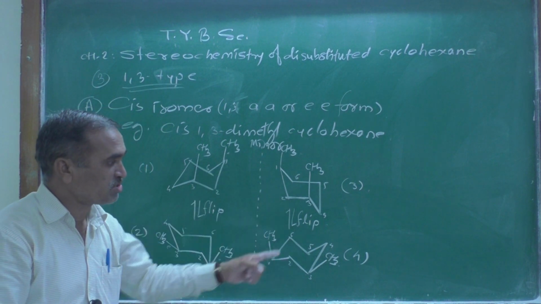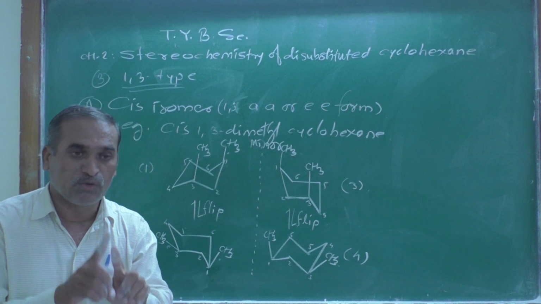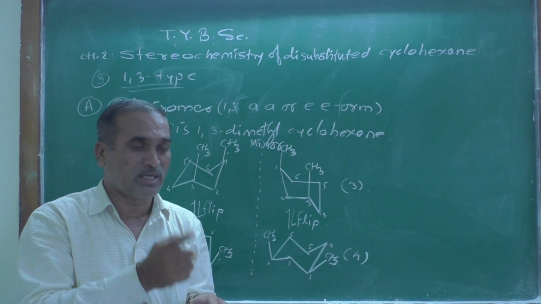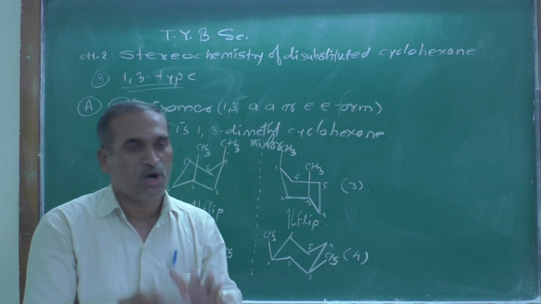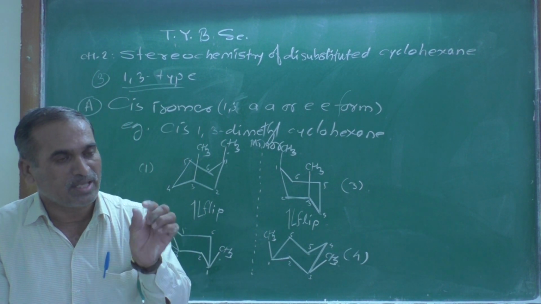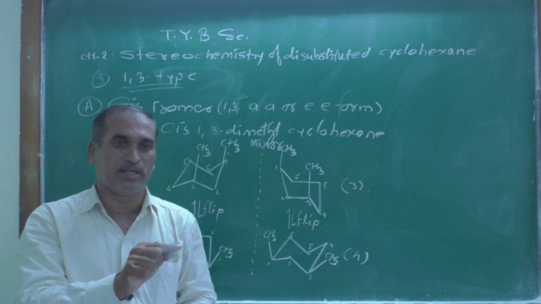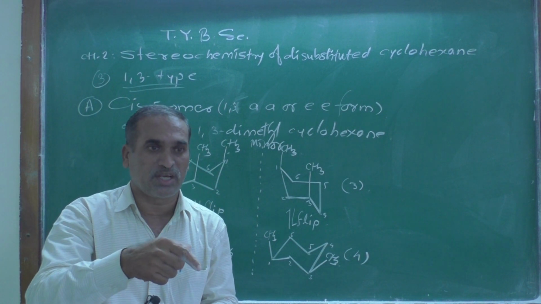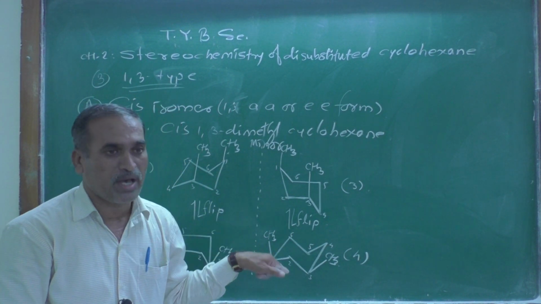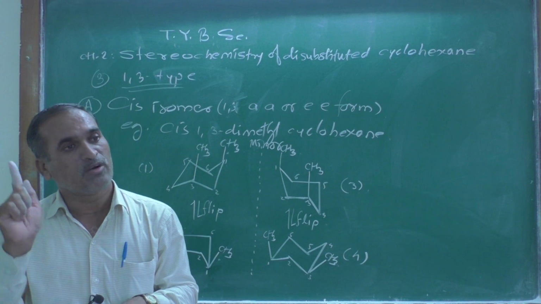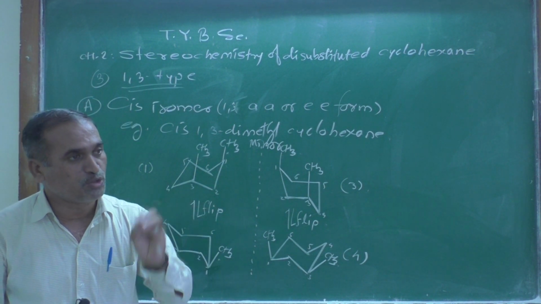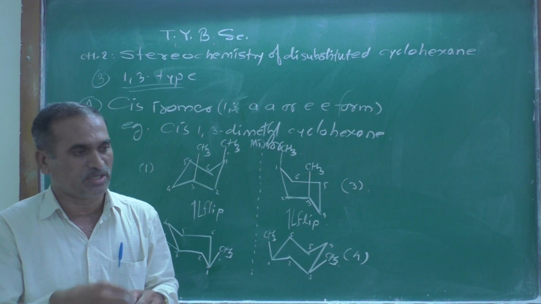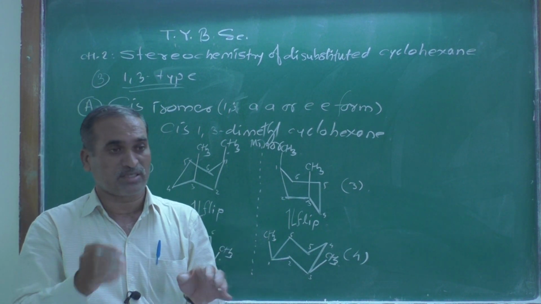If you draw the 4 structures correctly, you will get 3 marks. To state whether this compound is optically active or optically inactive, you will get 1 mark. And finally, if you determine the energy associated with the conformation, that will give you 1 mark. This is how the 5 marks are distributed. Normally teachers have a scheme of model answer.